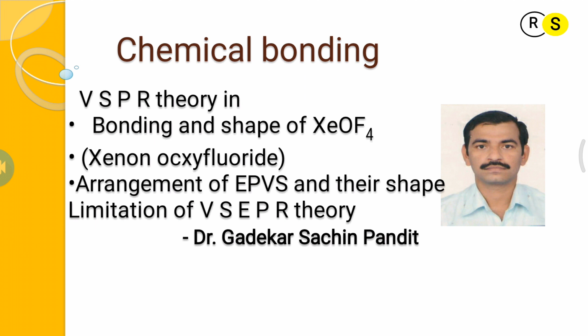Today we will discuss valence shell electron pair repulsion theory, in which the bonding and shape of the xenon oxyfluoride molecule formation, that is XeOF4, types of bond formation by using valence shell electron pair repulsion theory, that is sp3d2 hybridization.